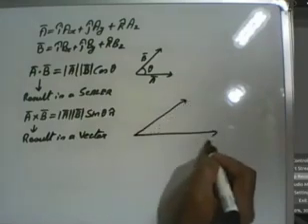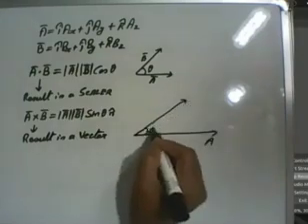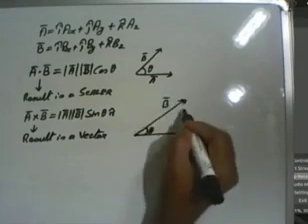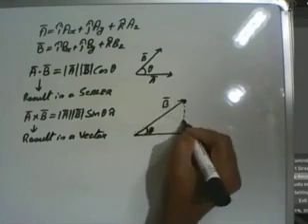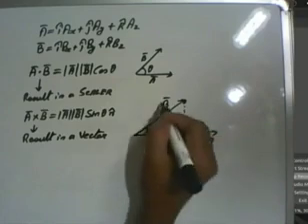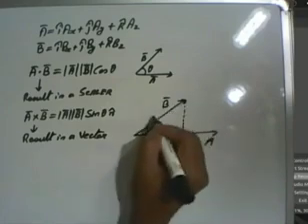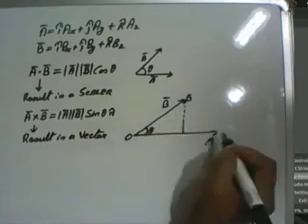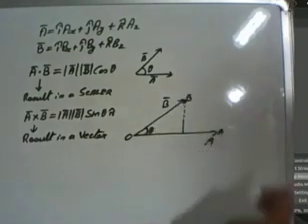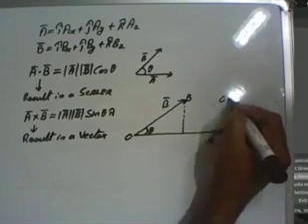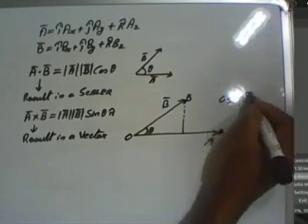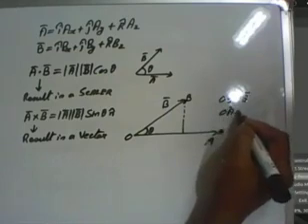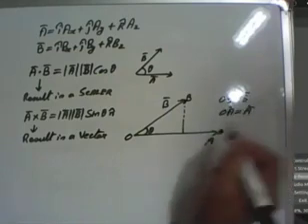So this is vector A, this is theta, and this is B. B cos theta is nothing but, if I say this is the magnitude, let's call it OB and let's call it OA. So OB is equal to the vector B, OA is equal to the vector A.